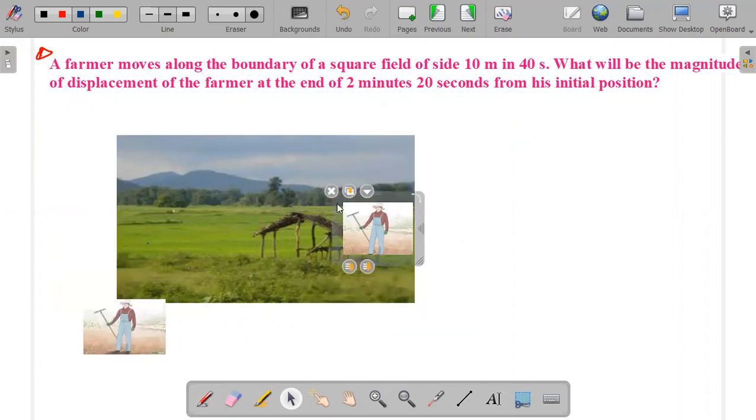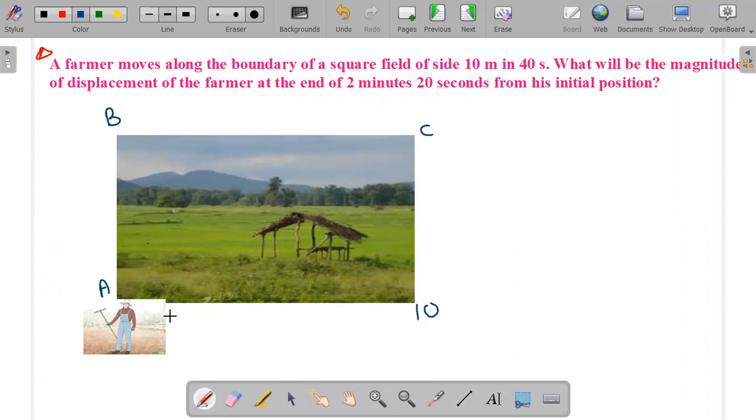This is A side, this is B side, this is C side and this is D side. A to B is 10 meter, B to C is again 10 meter, C to D is again 10 meter and D to A is again 10 meter.